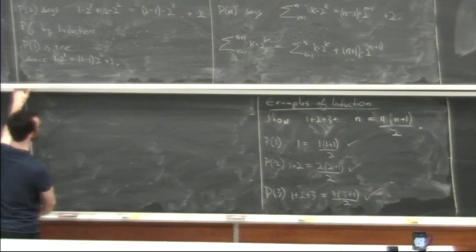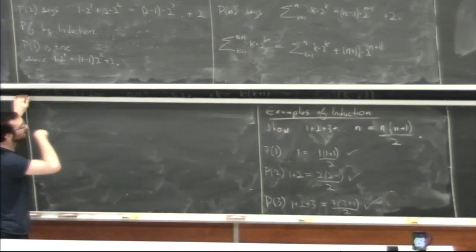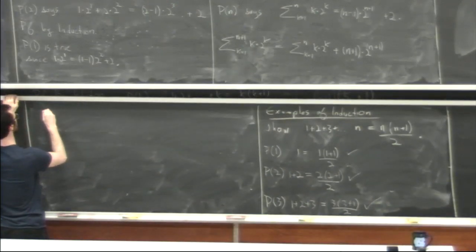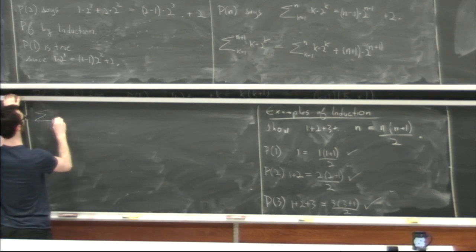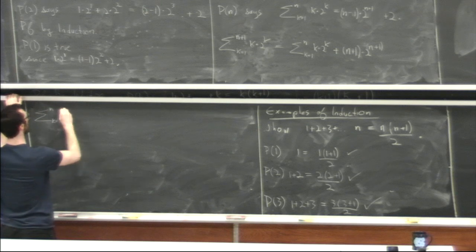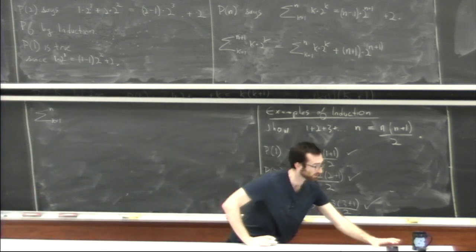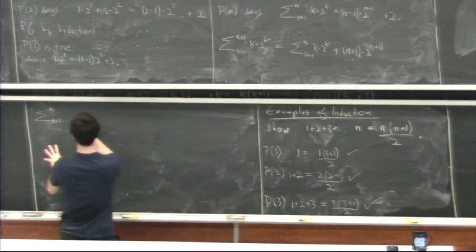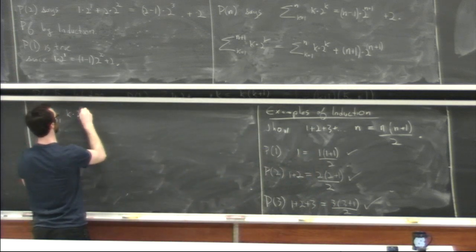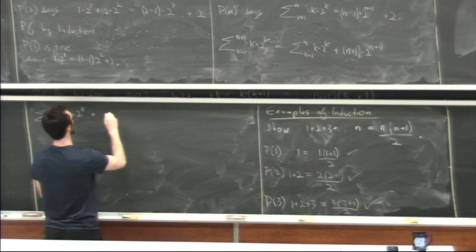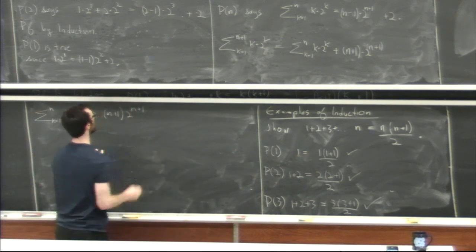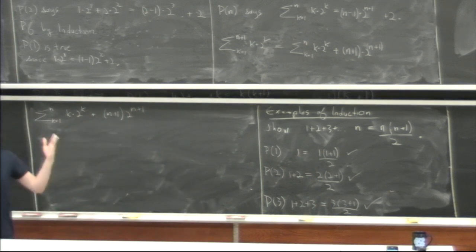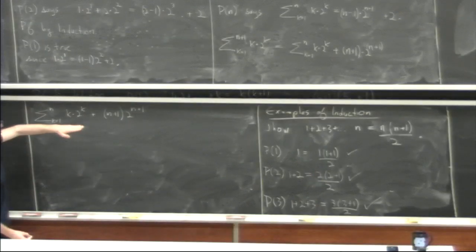So let me just rewrite. The left-hand side of P of n plus 1 is this summation, the summation from k equals 1 up to n of k times 2 to the k, plus n plus 1 times 2 to the n plus 1. Now what I'm going to use is the inductive hypothesis, which says I'm going to assume that the statement P of n is true.